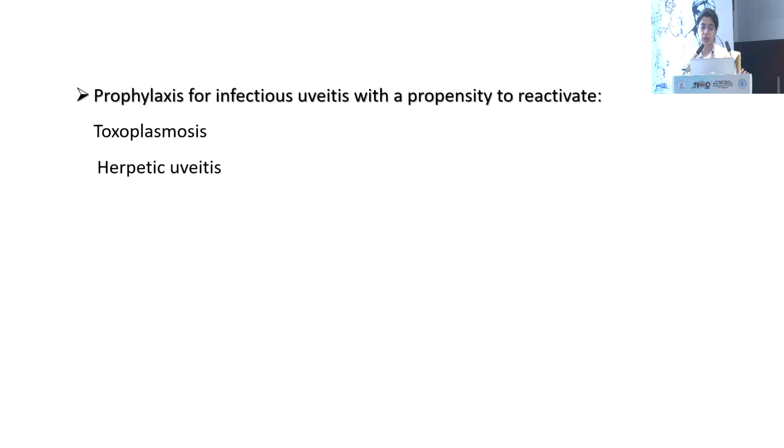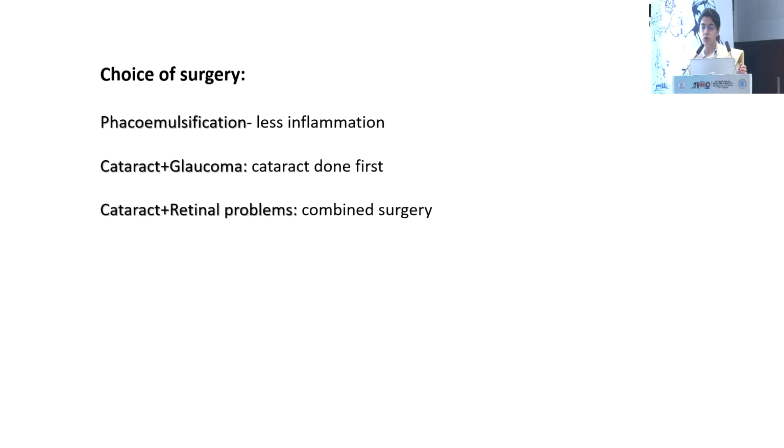Do not forget to give prophylaxis for infectious uveitis like toxoplasmosis and herpetic uveitis, which tend to recur after cataract surgery. Choice of surgery is obviously phacoemulsification because it causes less inflammation. When cataract and glaucoma coexist, cataract surgery should be done first, because if a combined surgery is done or a glaucoma surgery is done first, the inflammation from cataract surgery can result in failure of the bleb.